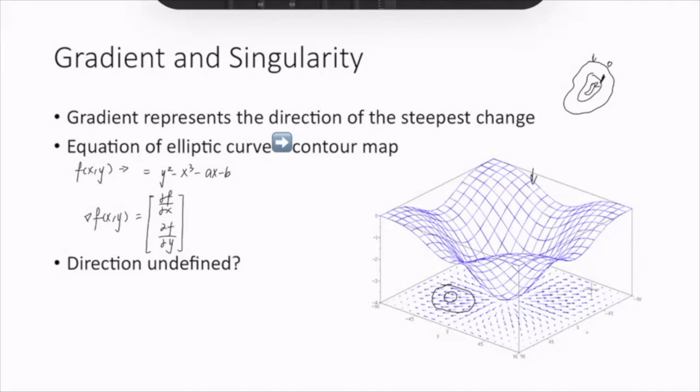I want to set this to 0 because an inactive gradient would be the opposite direction to the positive ones, and 0 means there's no direction, which means it's undefined. So if we want the direction to be undefined, we set this to 0 to figure out the singular points on this contour map.